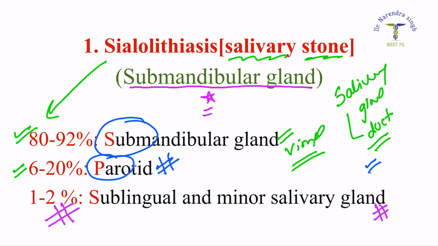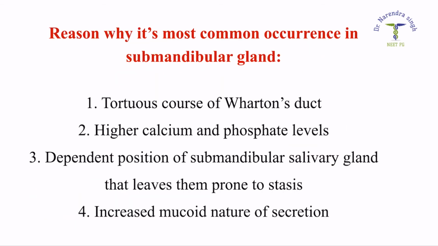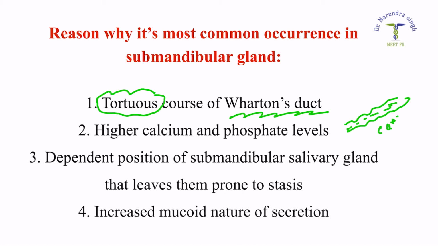The first reason is that the duct of the submandibular gland is Wharton's duct, and it has a tortuous course. Second, the secretions in the duct are usually high in calcium and phosphate.